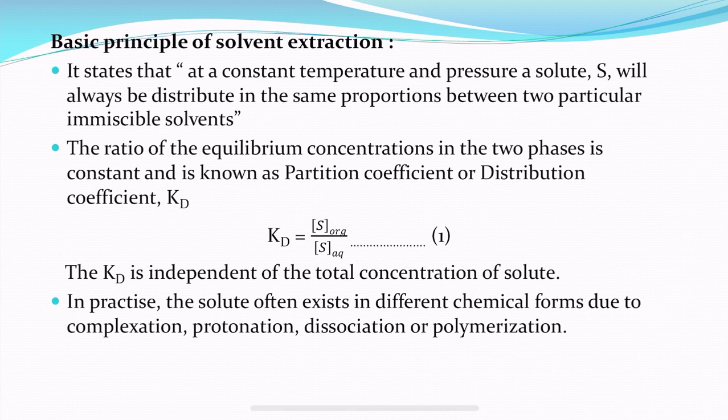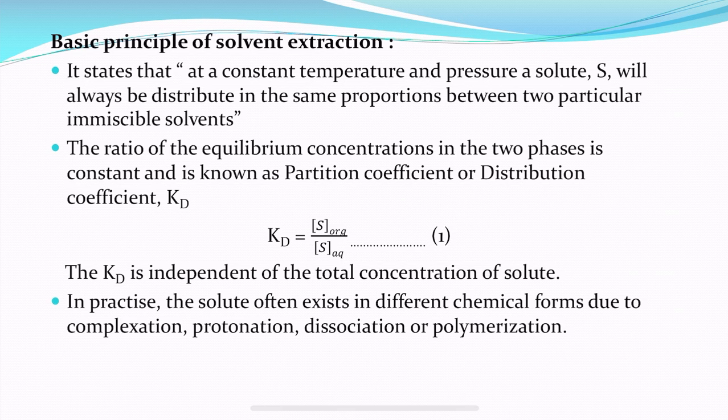So, in solvent extraction, as I said in class, we shake the two immiscible liquids together so as to separate one component or many components. Even if there are many components, we can still separate them. What happens when we shake two immiscible liquids together is that the more polar solutes dissolve preferentially in the more polar solvent.